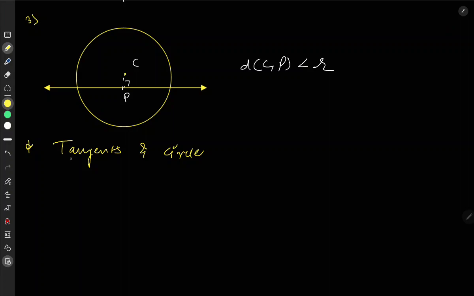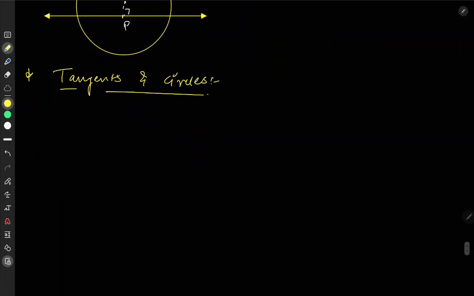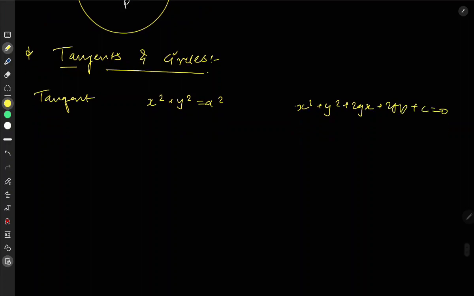The tangent equation with respect to x square plus y square equals a square, and our general equation x square plus y square plus 2gx plus 2fy plus c equal to 0.